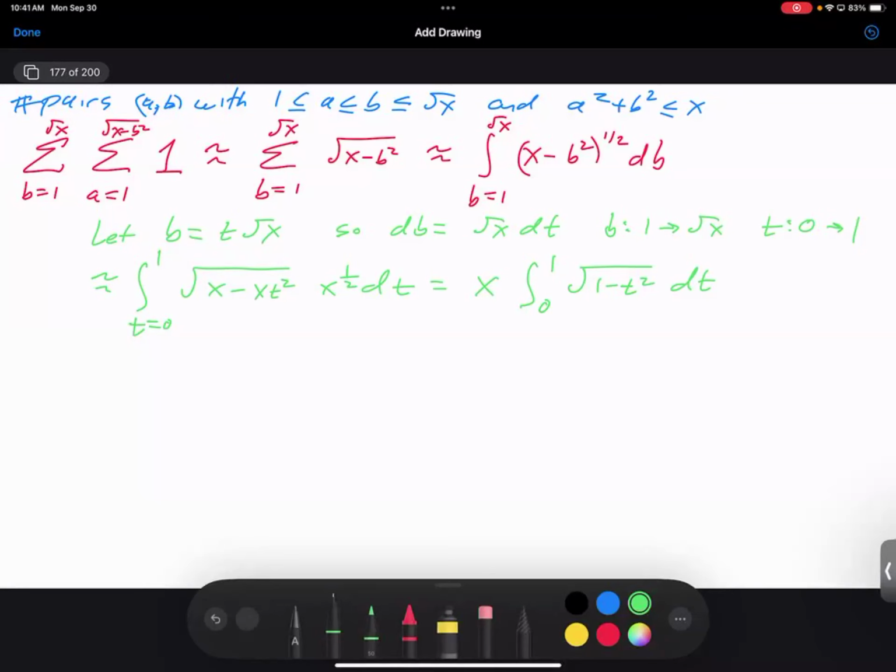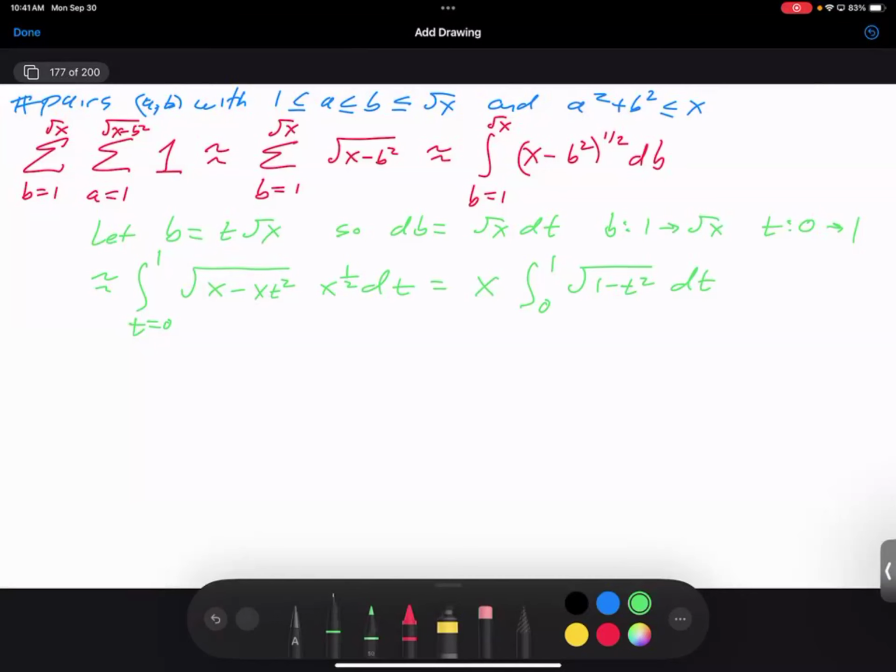What's it at most? It's at most 1. So this is giving you an upper bound of at most x pairs. Great, things are consistent. And this is going to tell you how many pairs you actually lose. Because again, if a and b are both very large, say both 7/8 root x, then the sum of their squares is going to be too large. So you're not going to have x pairs, but you're still going to have on the order of x pairs.